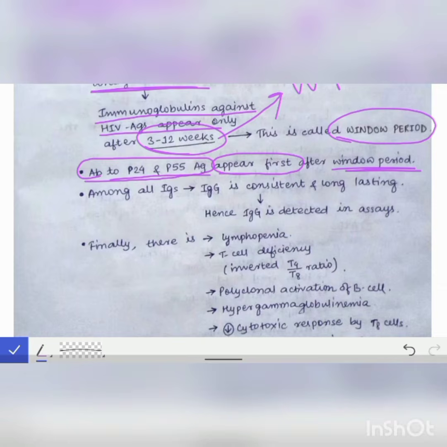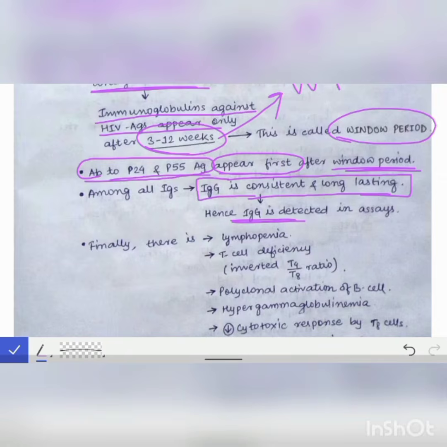And among all the antibodies, the most important one that is formed is the IgG antibody. This is the consistent and long lasting antibody, and therefore whatever assays we perform for the diagnosis of HIV, we usually try to detect the IgG antibody.